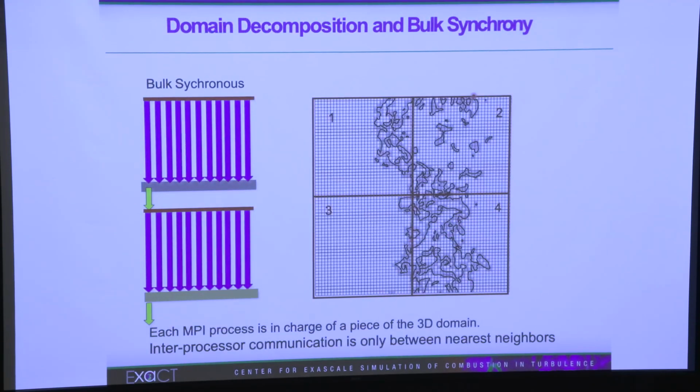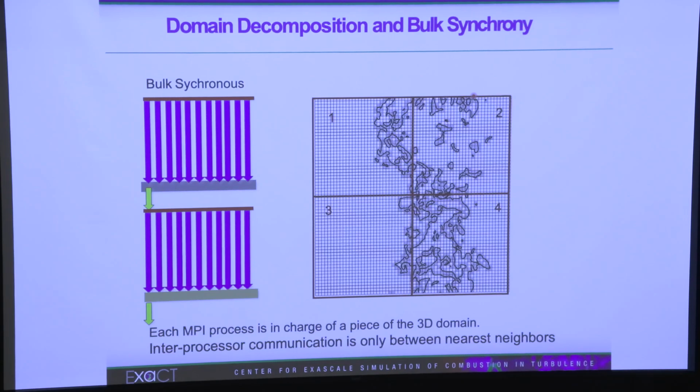This is just another idea that shows the decomposition of, for example, a flame onto 4 different processors: 1, 2, 3, 4. The picture on the left gives you the notion of bulk synchrony. Processor 1 finishes and it has to wait on processor 2 or other processors to complete their work before it communicates and exchanges information.